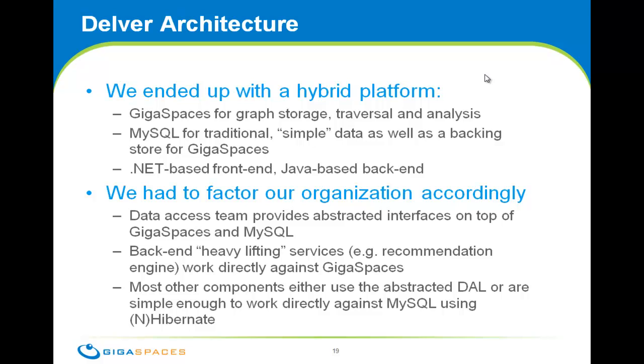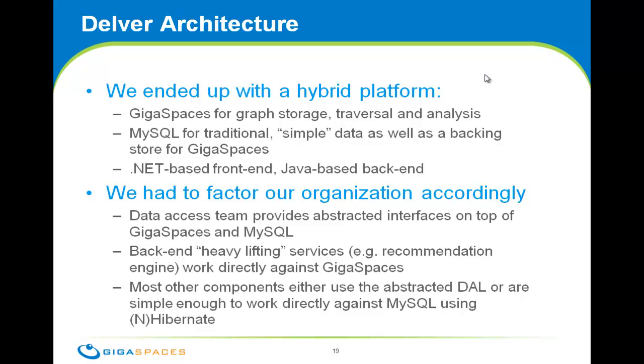So what we ended up with is basically a hybrid platform. We use Gigaspaces for graph storage and for executing the graph traversal, querying, and analysis jobs. We use MySQL for traditional simple data storage, such as storing user data or product data. We also use it as a persistent backing store for Gigaspaces.